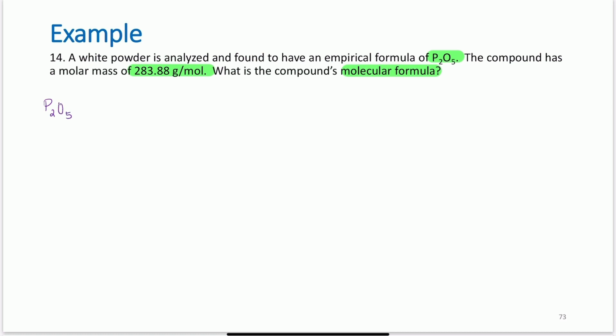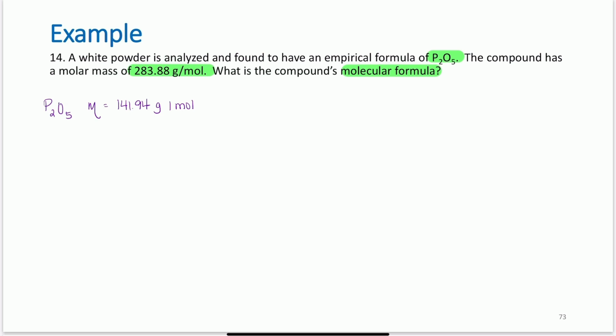P2O5. So remember, the empirical formula is just your lowest whole number ratio. The molecular formula is your actual formula, so your molecular formula will be a multiple of your empirical formula. P2O5 has a molar mass of 141.94 grams per mole.